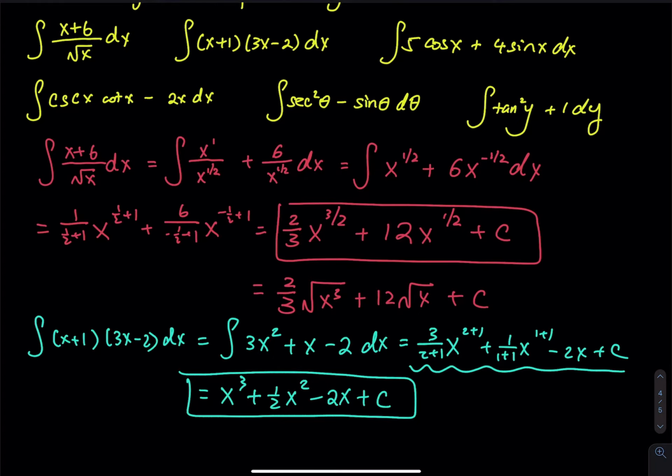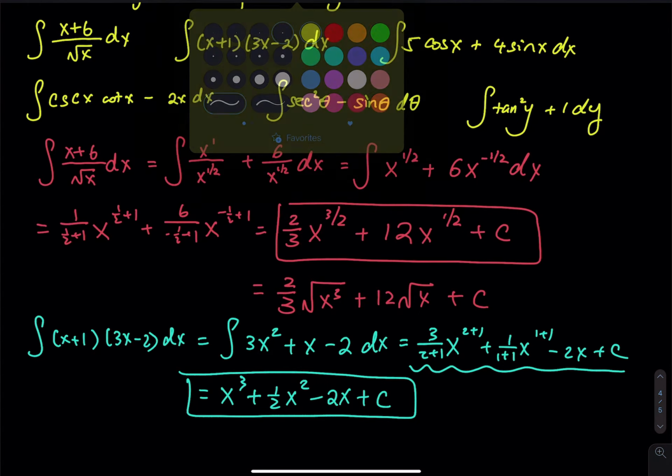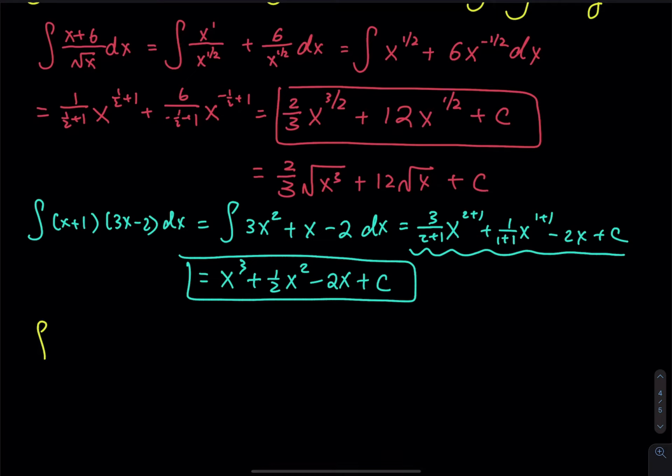And then the next one, we have some trig functions going on right here. We have the integral of 5 cosine x plus 4 sine of x dx. What is the integral of cosine? We know the derivative of sine is cosine, so the integral of cosine is sine. So that will be 5 times sine of x. What about the integral of sine?